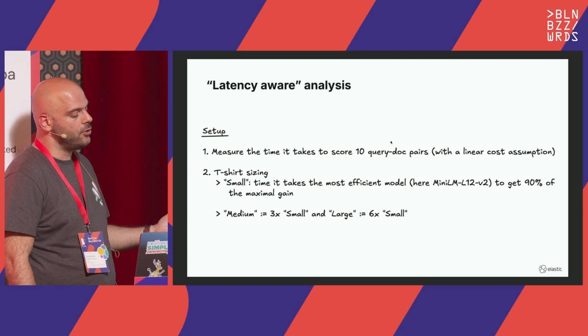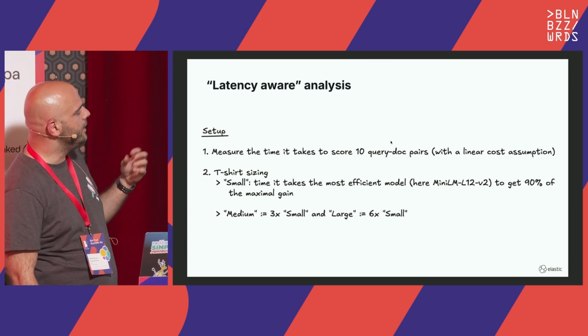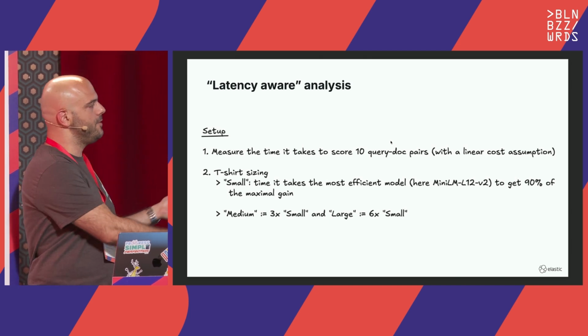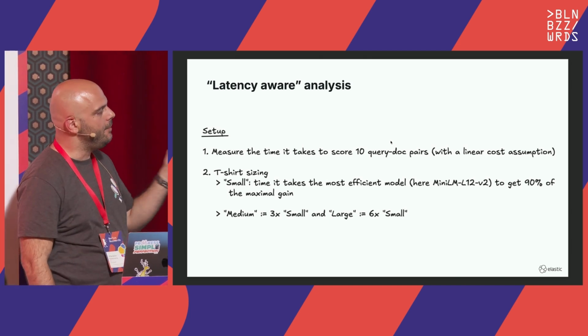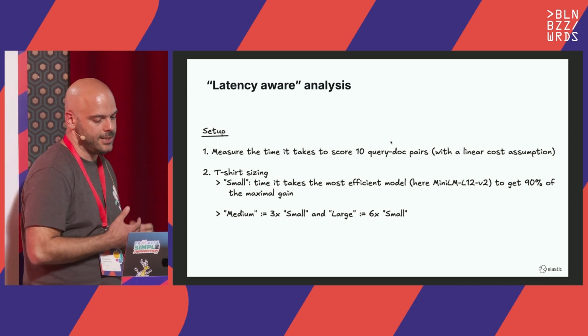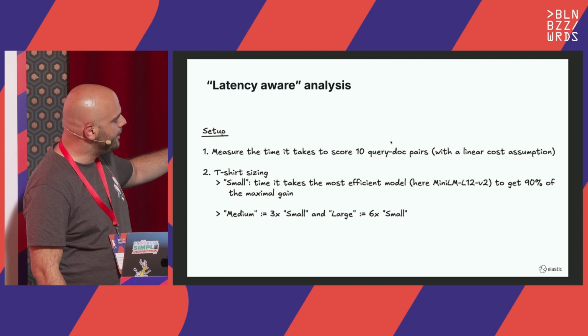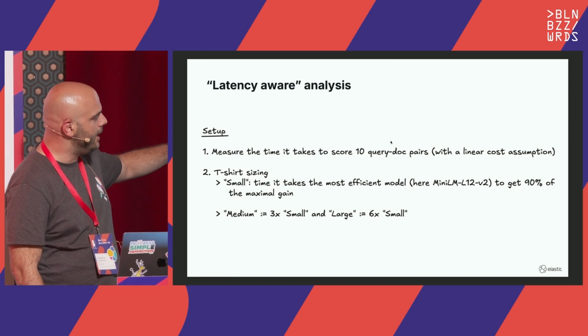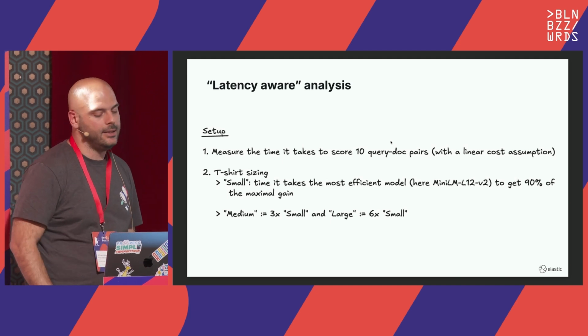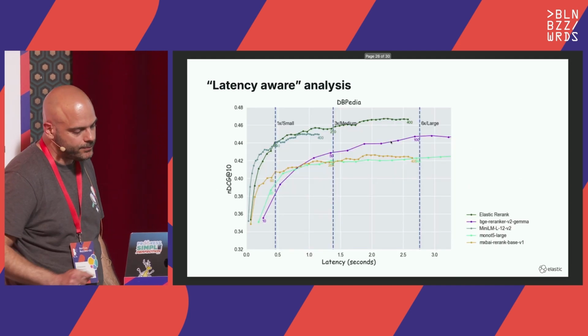Then we apply some sort of t-shirt sizing. We define as the small size the time it takes for the most efficient model, here it's MiniLM-L12, to get 90% of the maximal gain, what we discussed earlier. And we define the medium and the large sizes relative to that. Medium is 3 times small and large is 6 times small.